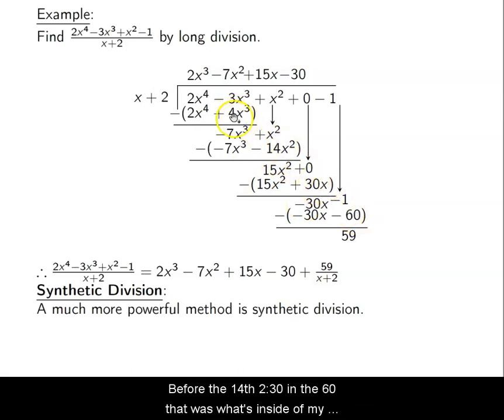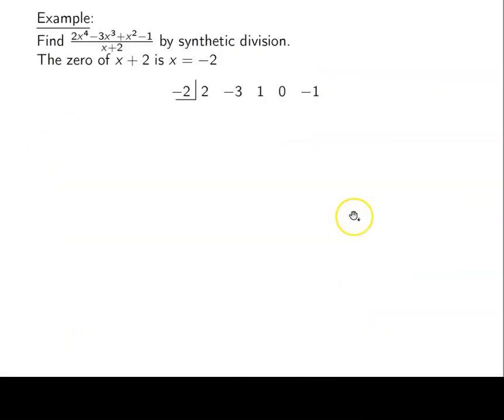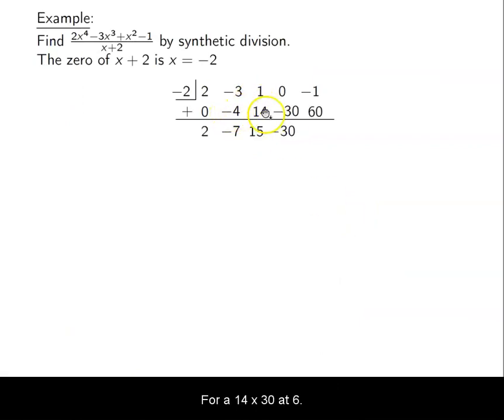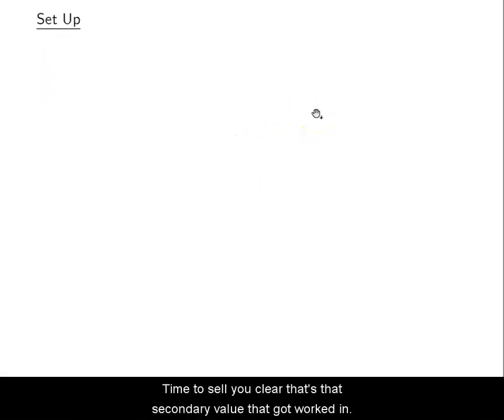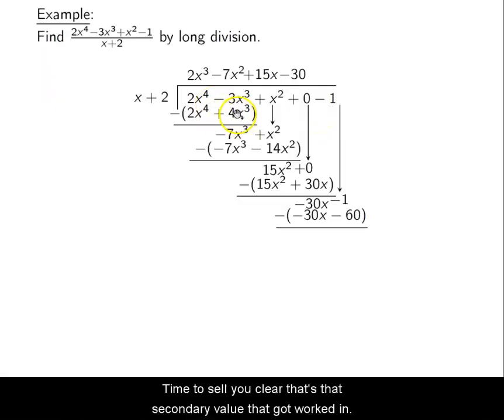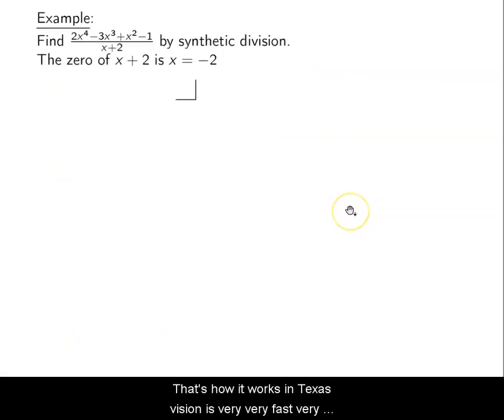That was what's inside of my synthetic division, right? I had a 4, a 14, a 30, and a 60. One more time, just so that you're clear, that's that secondary value that got worked in. So that's how that works.